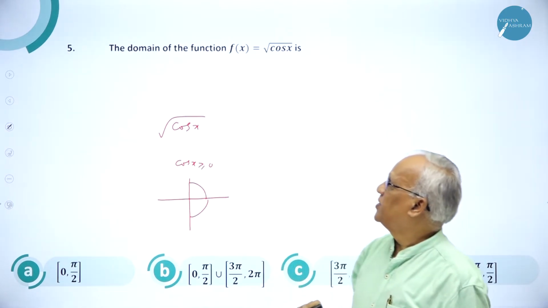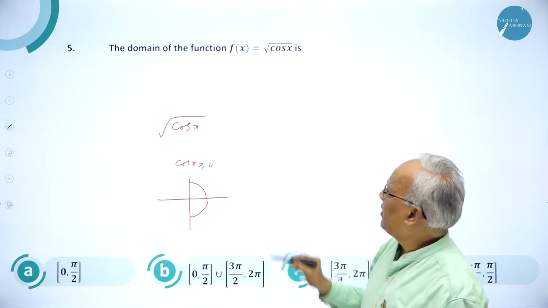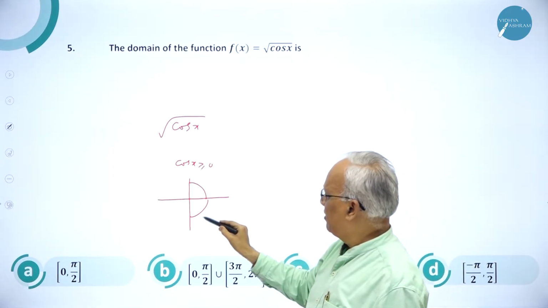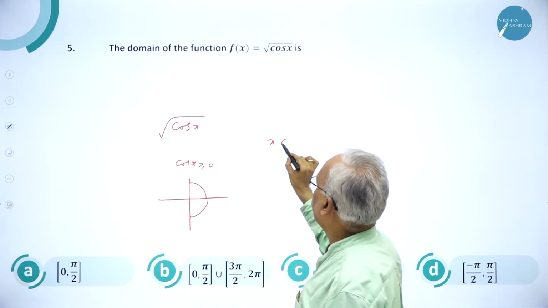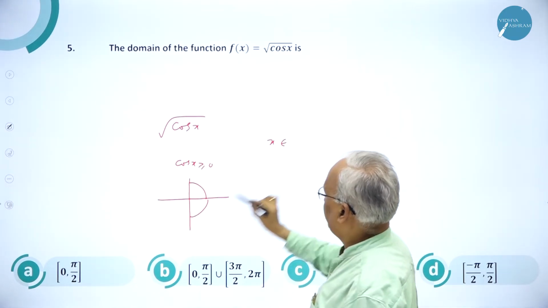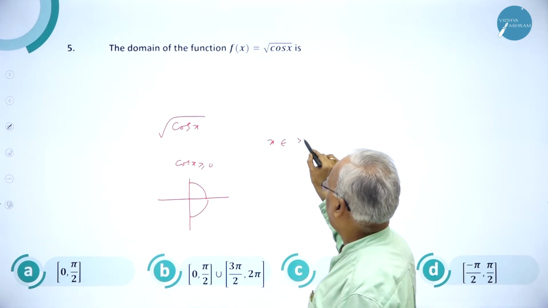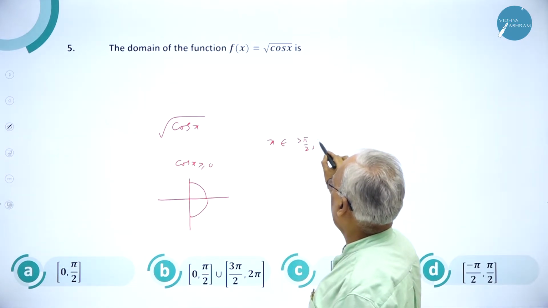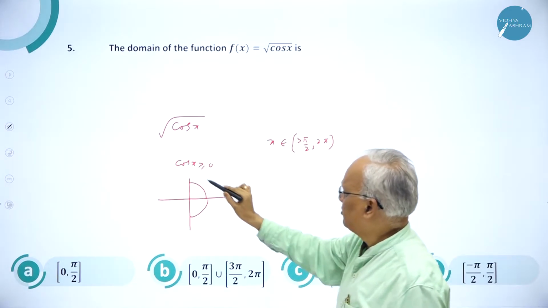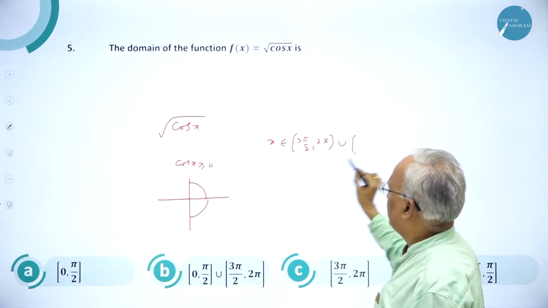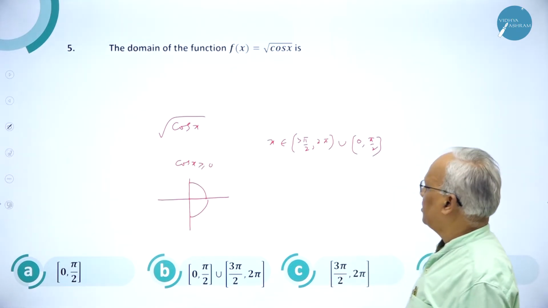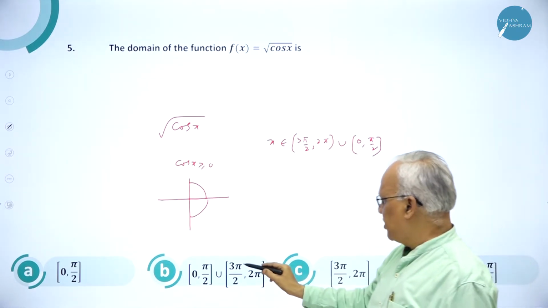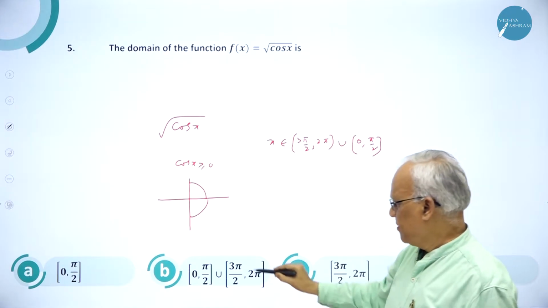So this is the domain of the function. Permissible values, x should be in the fourth quadrant or first quadrant. Therefore x lies between, see, this is nothing but 3 pi by 2 comma 2 pi inclusive of this, union this is nothing but 0 to pi by 2. So 0 to pi by 2 union 3 pi by 2 to 2 pi is the answer.